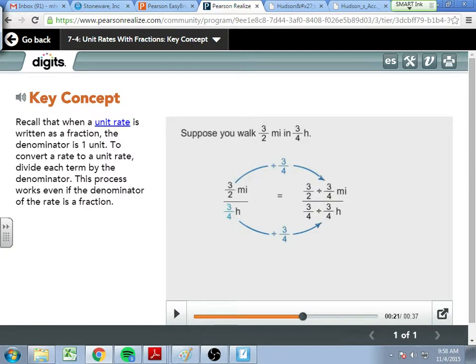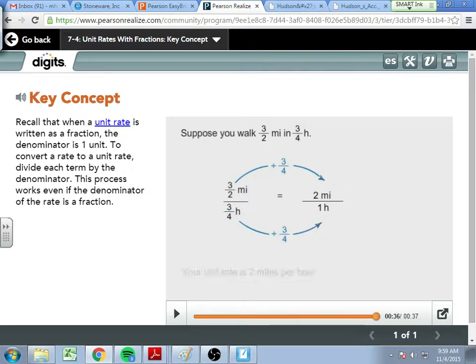When we set that up, like we talked about yesterday, we have a few different methods that we can solve this through. If I take 3/4 and divide it by 3/4, any number divided by itself is just 1. But really, division of a fraction, what do we actually do when we have a fraction divided by a fraction? What's that 3-word process that we always want to remember? Keep, change, flip.